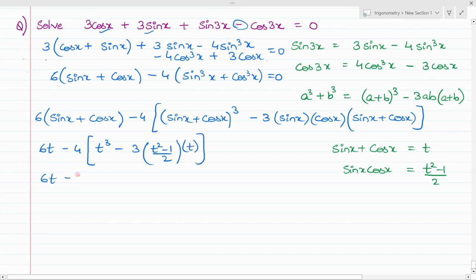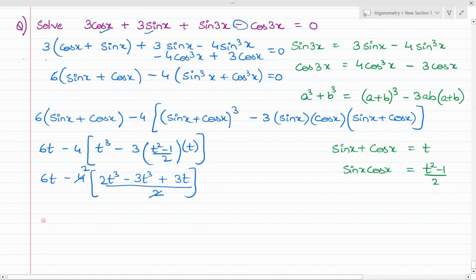So 6t minus 4 into 2t cube minus 3t cube plus 3t whole divided by 2. So this 2 gets cancelled with this and becomes 2 over here.